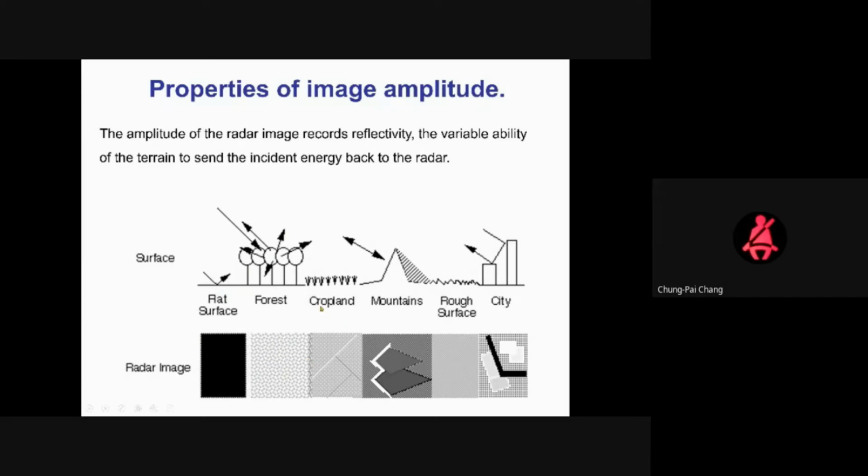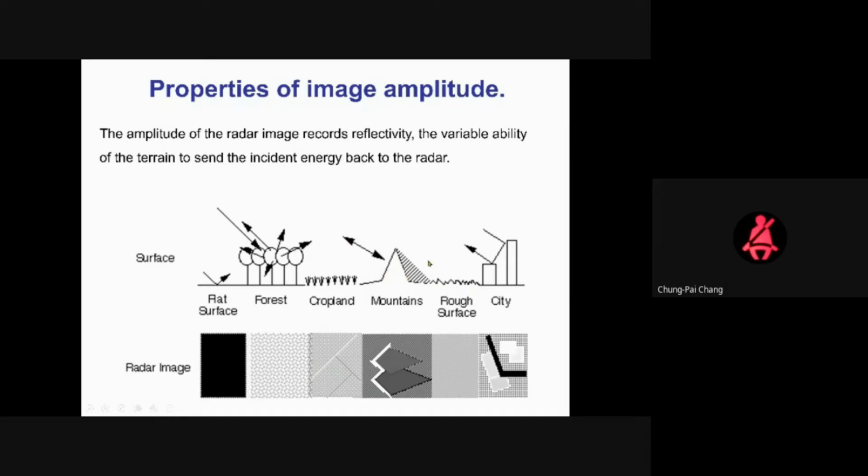And for the cornland, for example, rice field, you can have a different area like this, a different pattern like this. And very interesting is that for the mountain, of course you have a peak here, and then this slope faces the satellite.